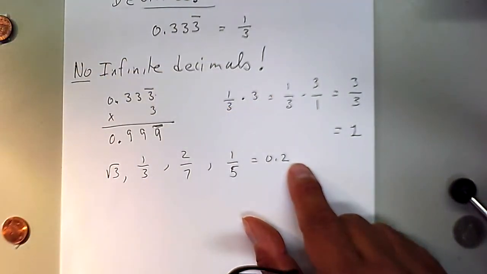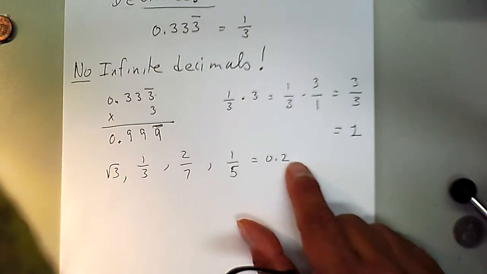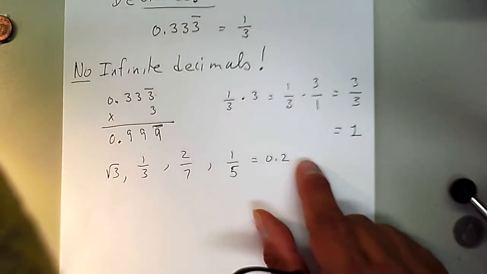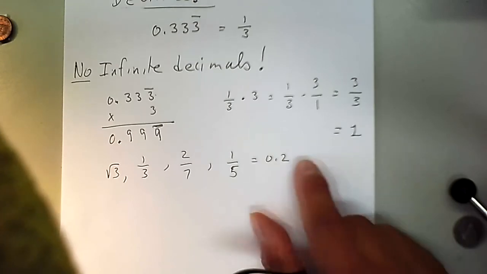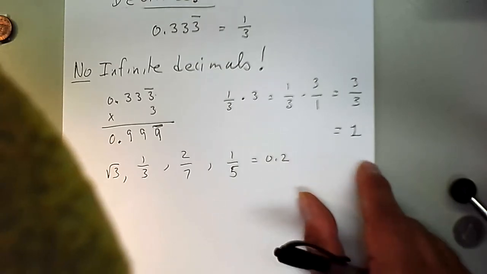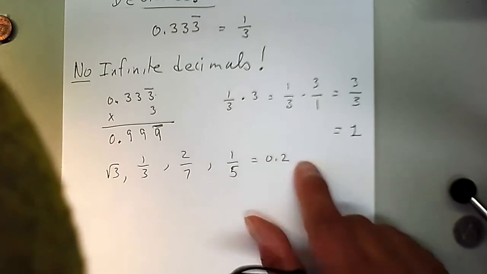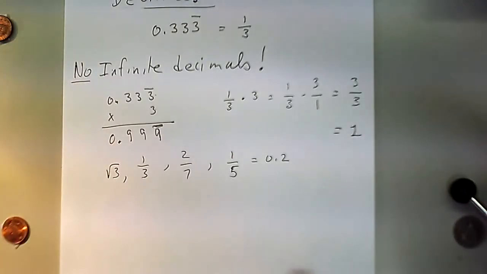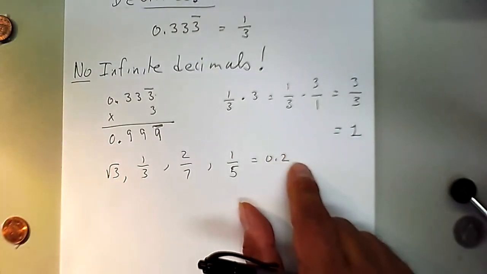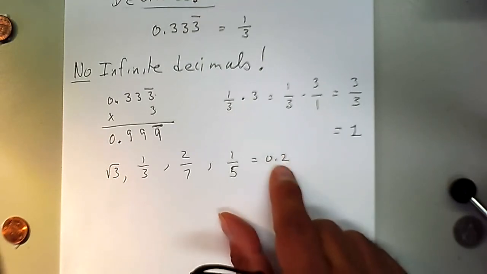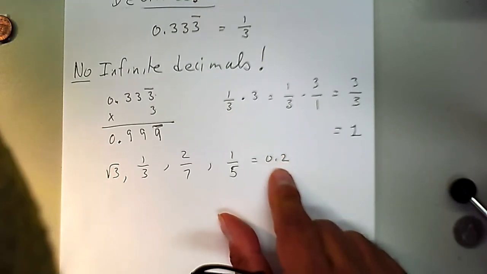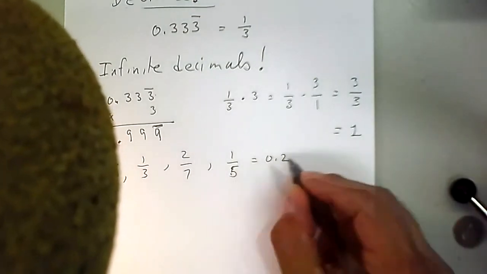So what we mean by an infinite decimal is a decimal for which, other than zeros, eventually we have other digits after, forever. That's what we mean by an infinite decimal. So this is not what we call an infinite decimal. This is a terminating decimal. So this is okay. Either way is fine.